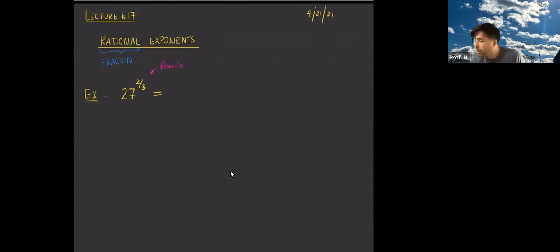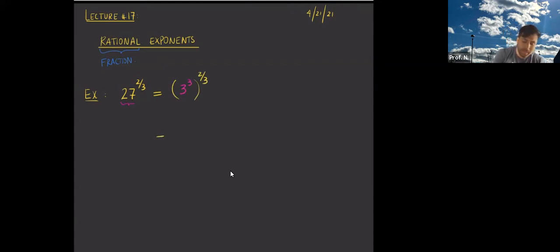Actually, I'm not going to do that first. Actually, what I'm going to do is I'm going to rewrite 27 as a power of 3. So look what happens when I rewrite 27. Isn't 27 3 cubed? So then I can rewrite 27 as 3 cubed to the 2/3.